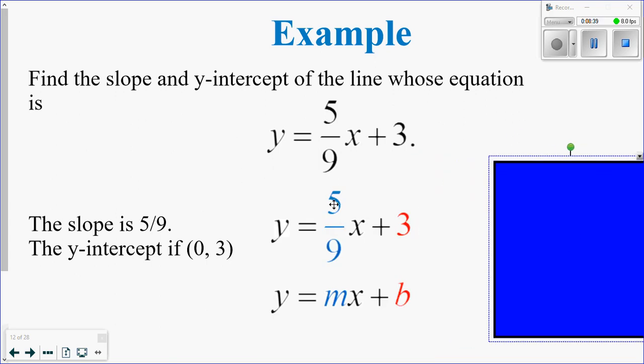So if we rewrite it in color, whatever's in front of the x, I always remember M is for mountains, and mountains have slope. B is the number that's by itself.